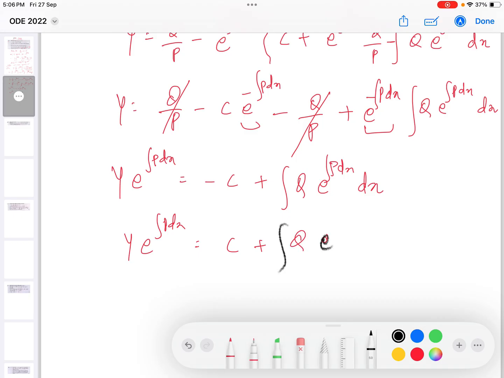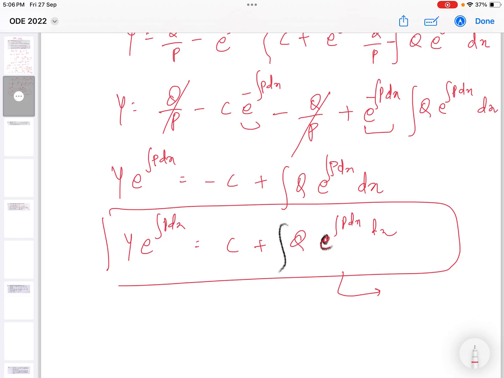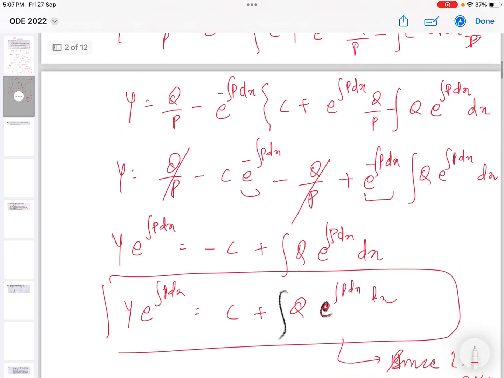integration. So what we needed to get, we got. Since LHS is equal to RHS, that is 1 equals 2, hence proved.